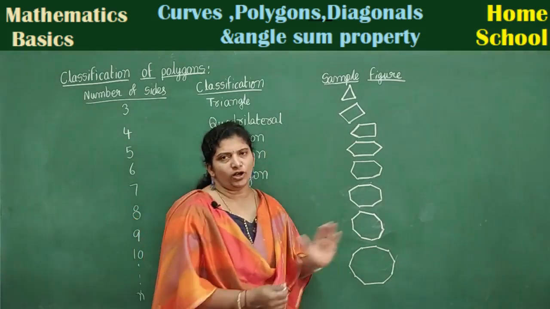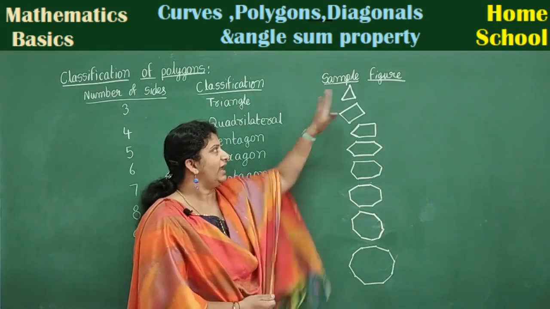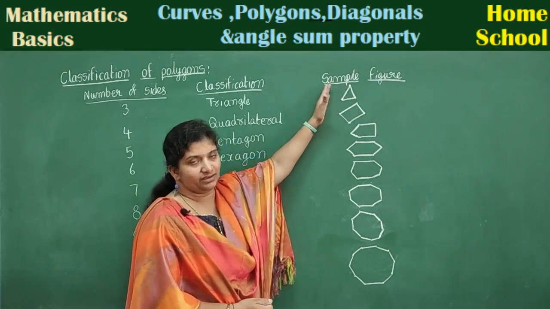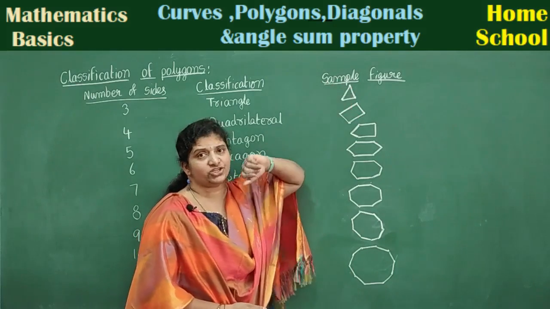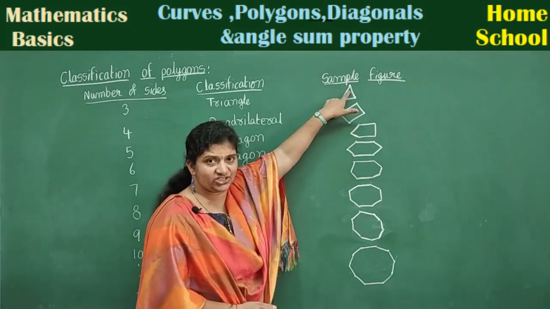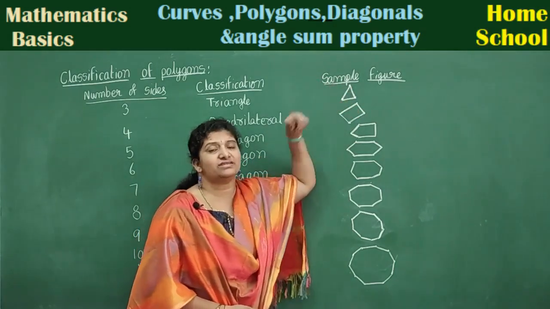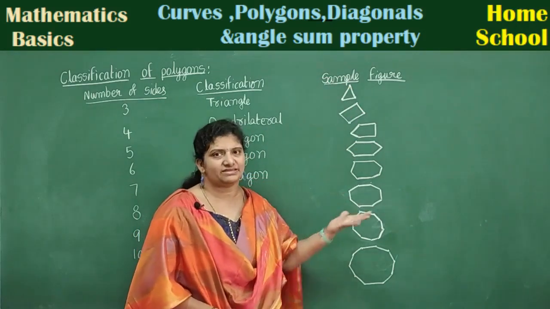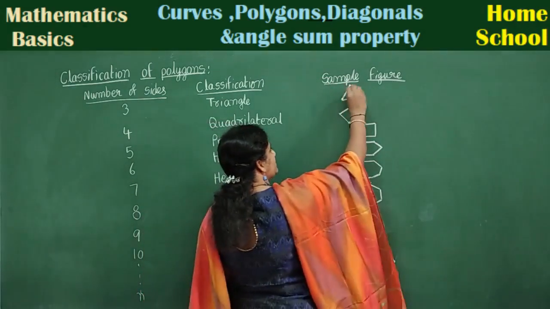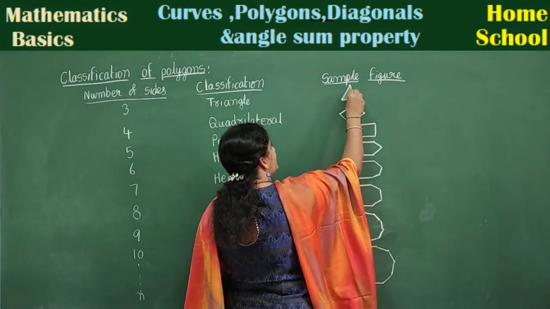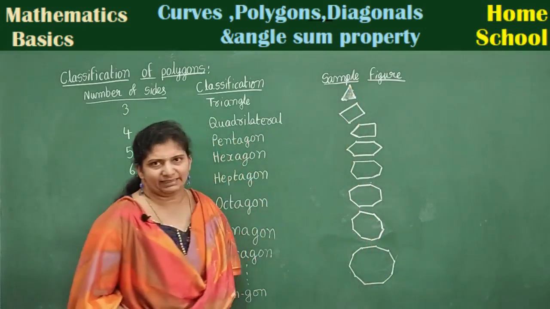For any polygon, you can talk about interior and exterior. The inside of the closed region is called the interior region, and the outside, which is never ending, is the exterior. Look here, suppose I take a triangle, only this part I call the interior.